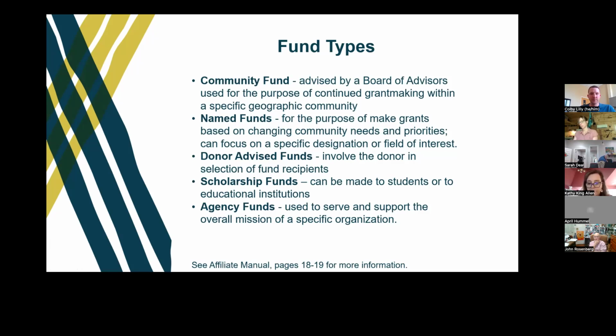I know we have one affiliate that has a name fund that was in an estate plan for Habitat for Humanity. So every year they give out that award specifically for Habitat for Humanity, but they do advise that fund. And should they think that they're not doing what they're supposed to do, they would not have to award it, but it is specifically for the Sandy Valley Habitat for Humanity.